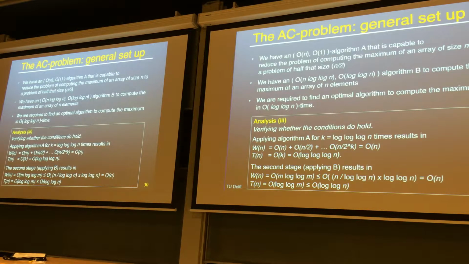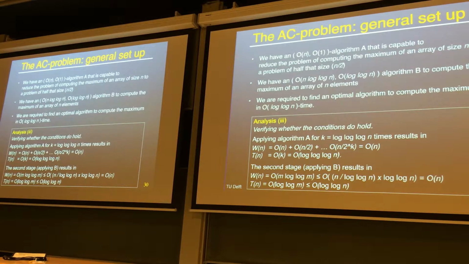So the second stage, applying B, results in Wn equals On times log n, and that's n divided by log n times log n, because that's dominated then by this, so that's the O of n. And finally, we have Tn equals the O of log n, and since m is less than or equal to n, this is the O of log n.